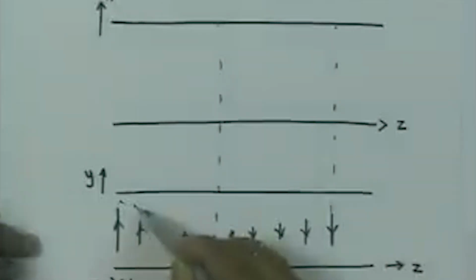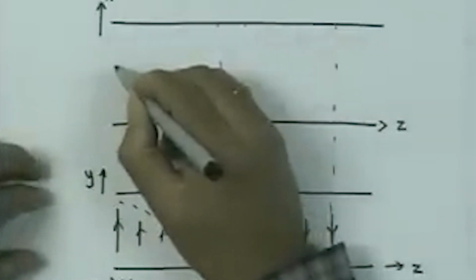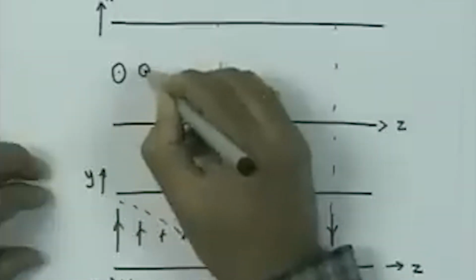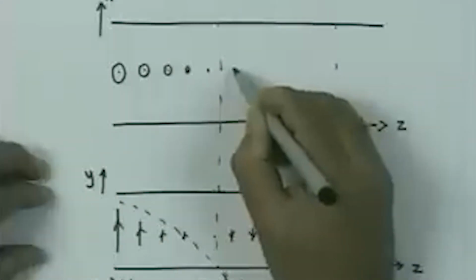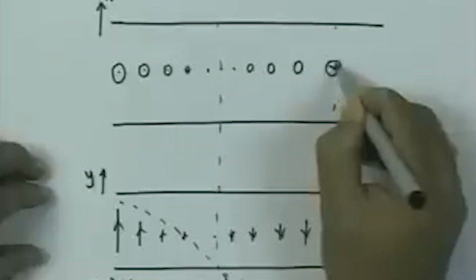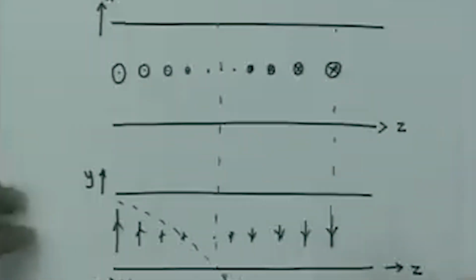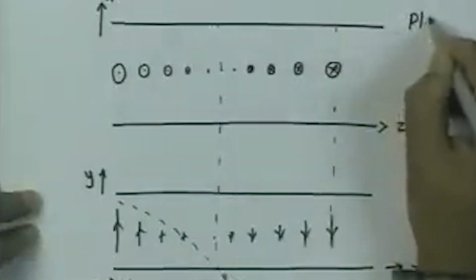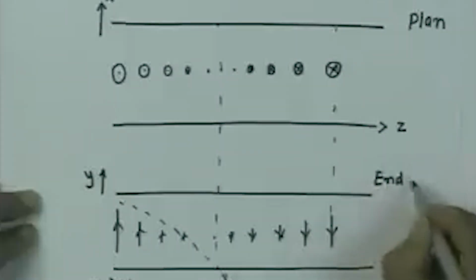So, I have a sinusoidal variation going in the other direction. From the top, as we saw, this will look like circles like that, and again going this way. So, this is the plan of the waveguide, and this is the end view or side view of the waveguide.